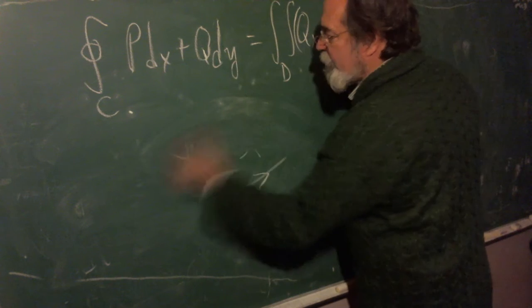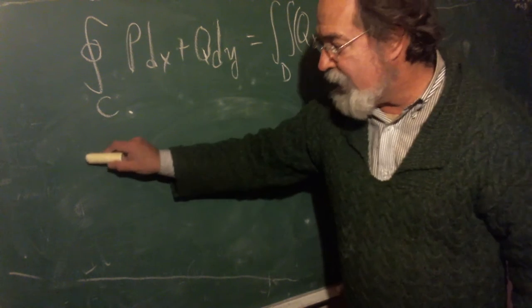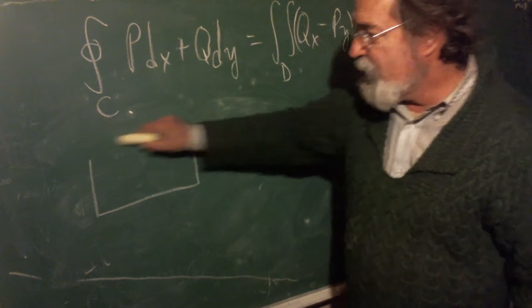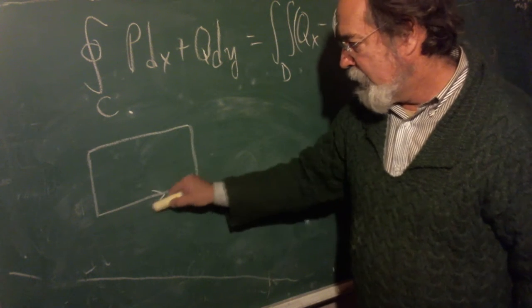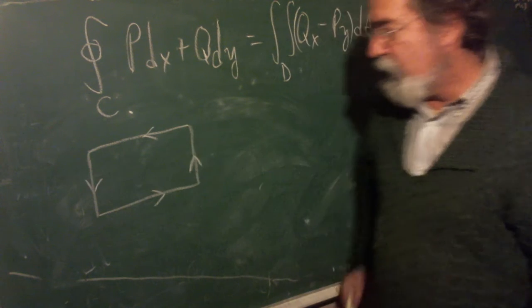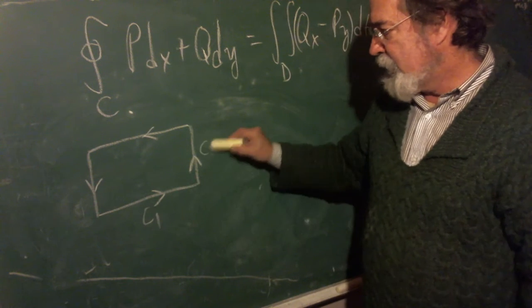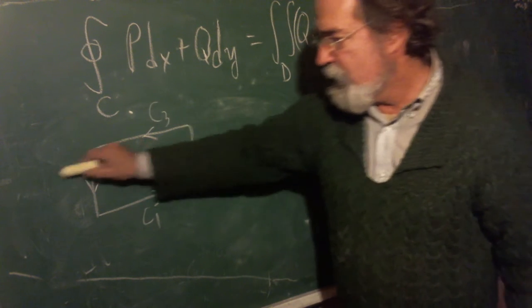So to apply that idea for the proof of Green's theorem, let's just take C to be this. What if this is my C? Well, there's actually four pieces to it. There's C1, C2, C3, C4.